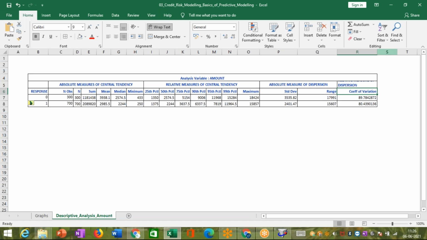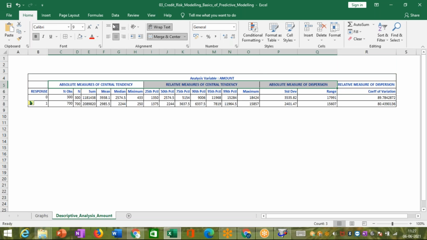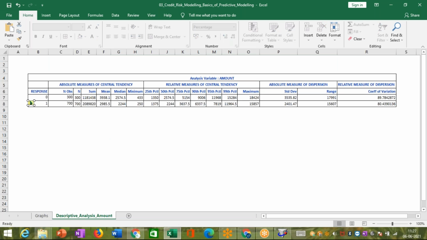So there is coefficient of range as well in this, but we'll just talk about the relative measure. We'll just talk about coefficient of variation because this is one of the most basic measures that we generally do, right? And this is obviously your target value.